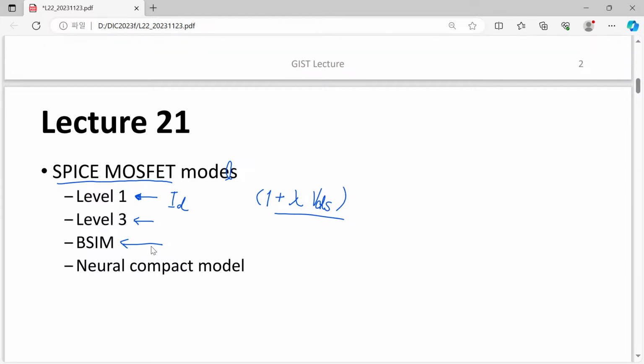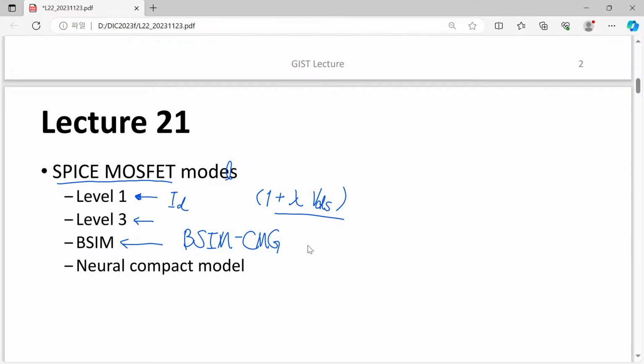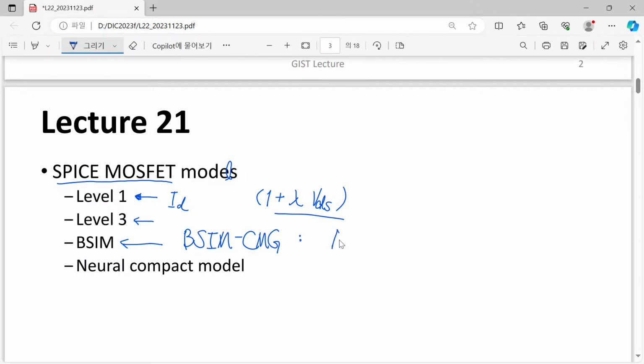But nowadays, since the FinFET and gate-all-around transistors are mainly used in our VLSI, the one called BSIM CMG is the standard model of our use. So one particular feature we have to understand for this BSIM is its capability to consider arbitrary cross-section.